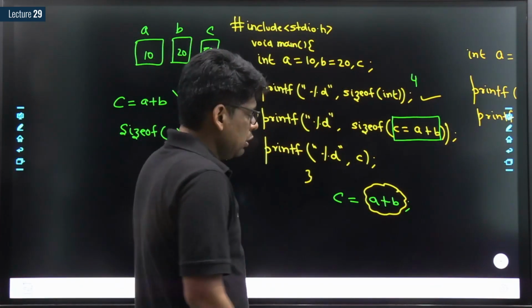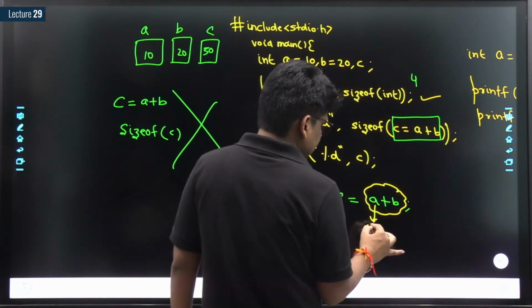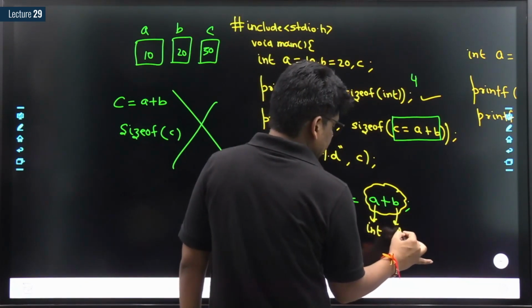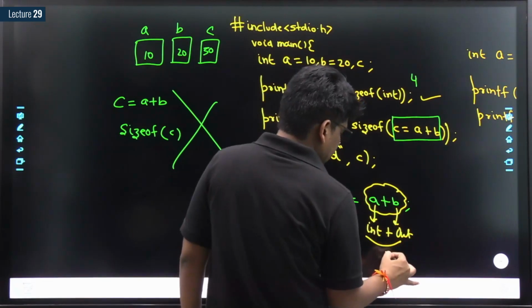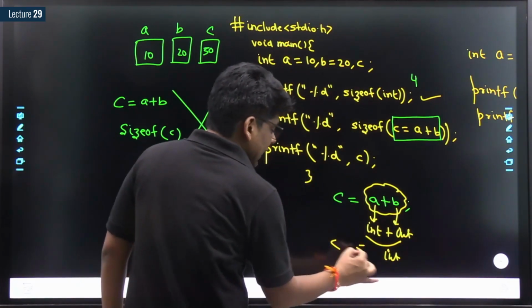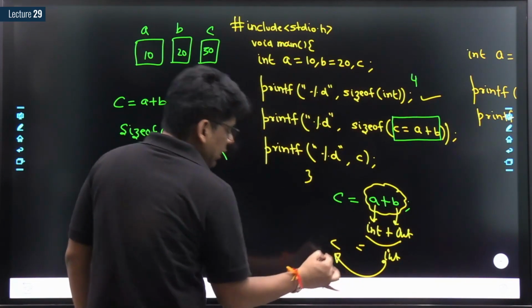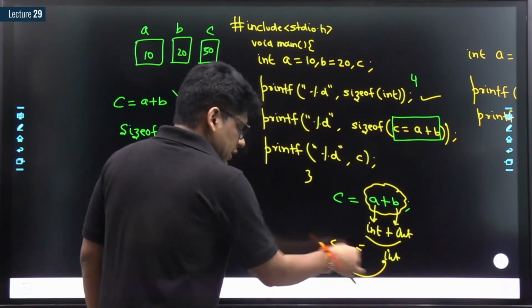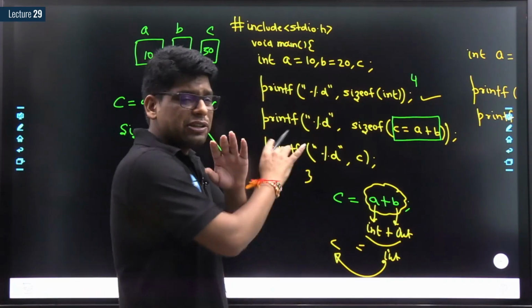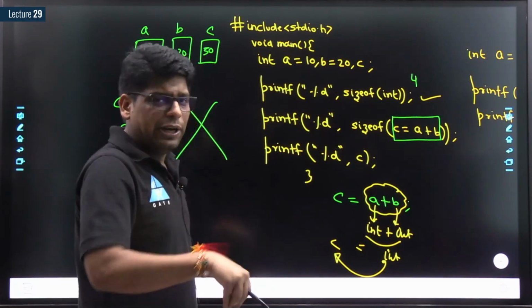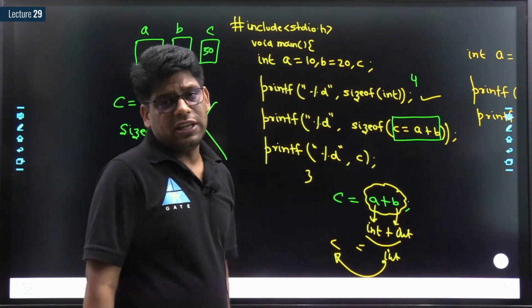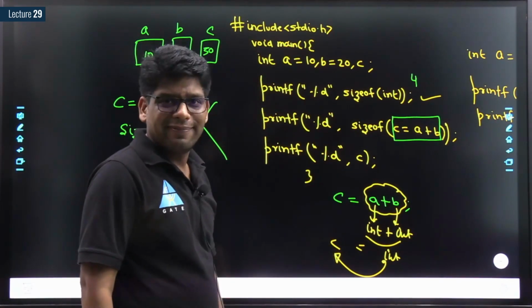Int plus int. Are we assigning an integer value to an integer variable? Yes, sir. That means what value goes inside c? Does not matter. We only need to think what is the type of c. Sir, the type of c is int.